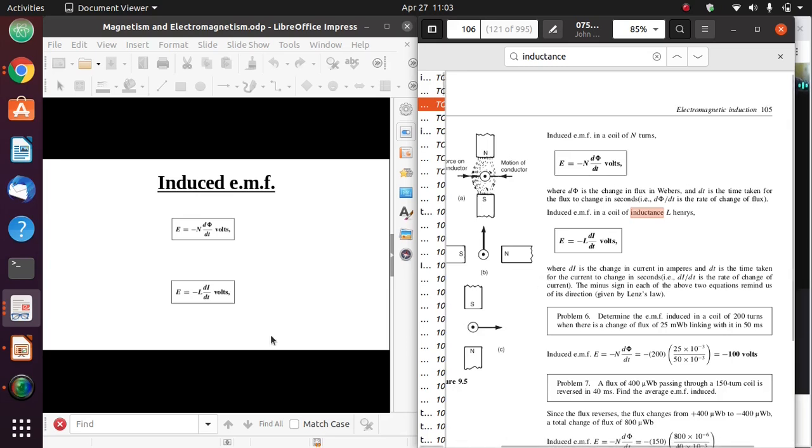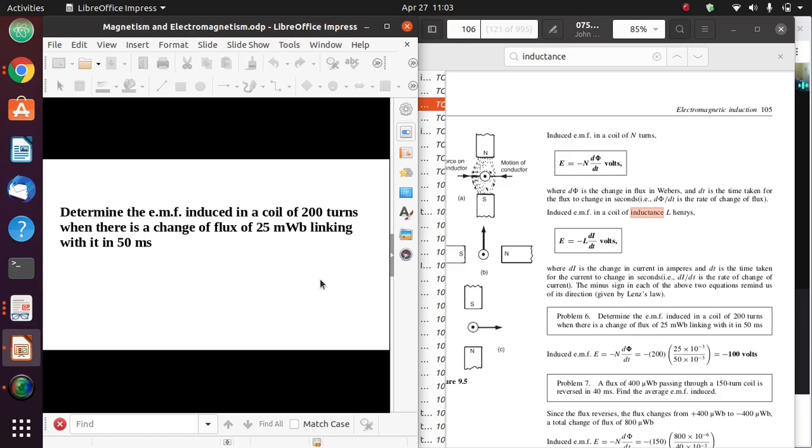So let us try this example. We have been told to determine the EMF induced in a coil of 200 turns, where there is a change of flux.